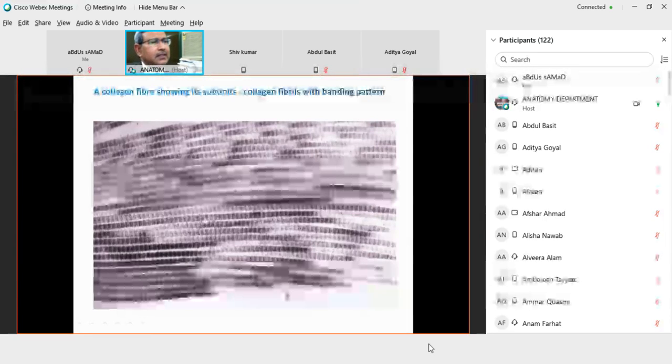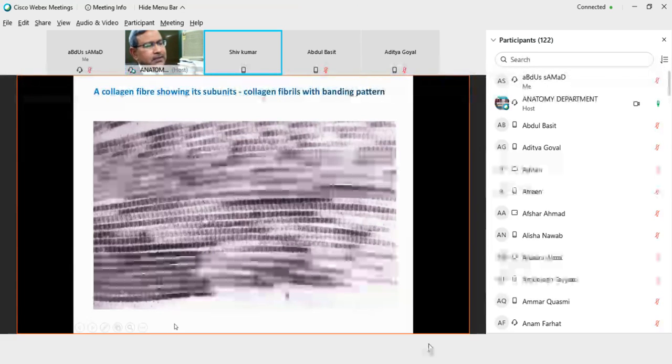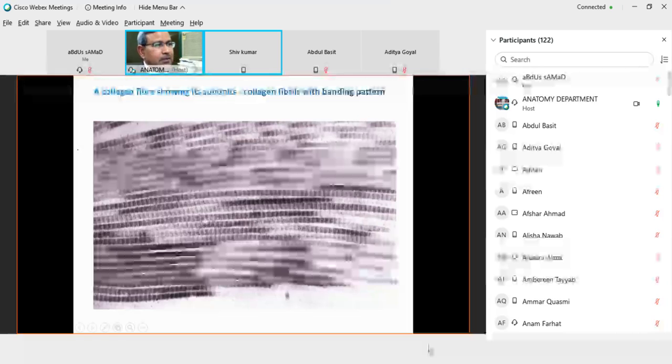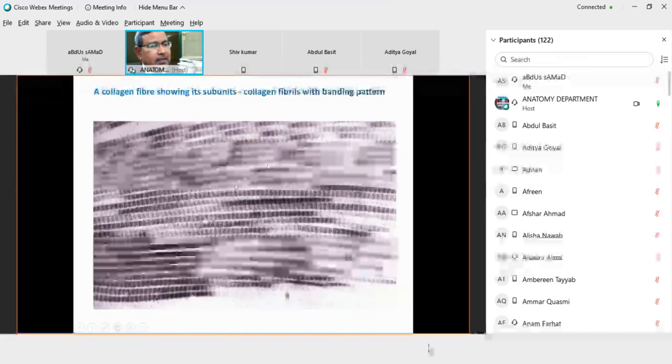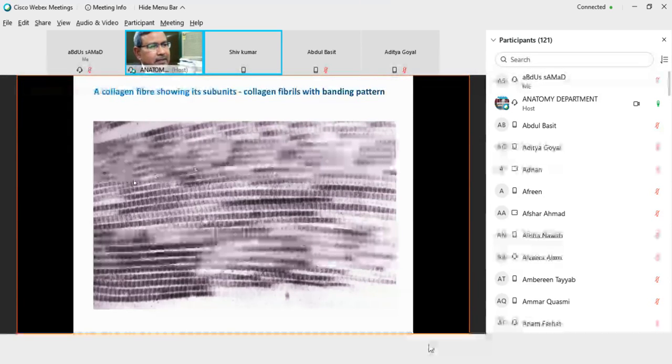So if you look at the collagen fiber, its whole thickness is representing a collagen fiber, and its subunits cannot be seen under the light microscope, but can be seen in the electron microscope. These subunits are constituted by the collagen fibrils. And you see each and every fibril shows a repeated banding pattern at an interval of 68 nanometer.